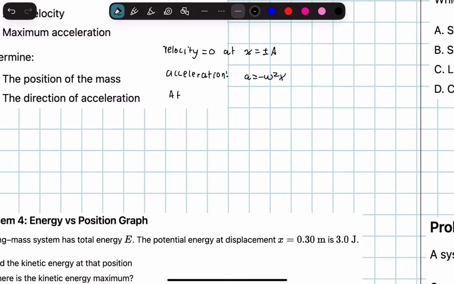So at x is equal to plus or minus A, the acceleration has max magnitude and points toward the equilibrium.